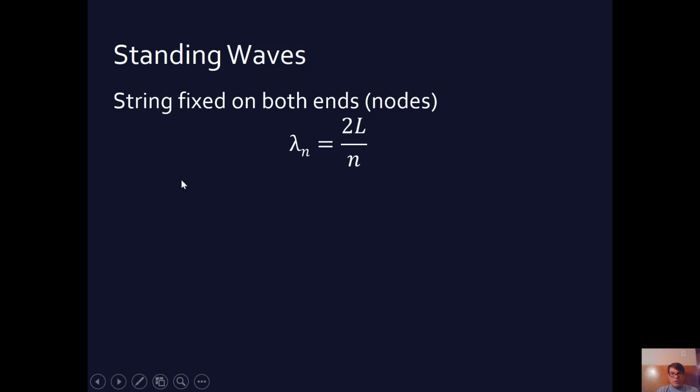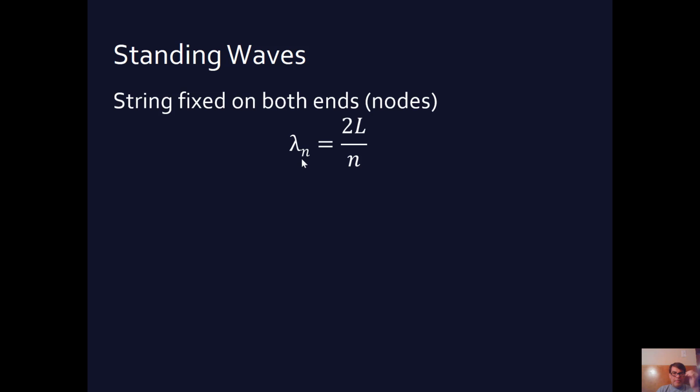But there are these overtones that, for example, if you treat it as having two parts there rather than just one, then it would be one whole wave on the string. And you could do that 3, 4, 5.